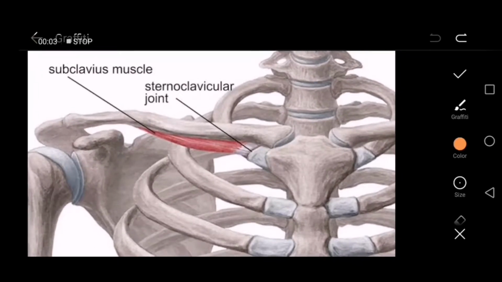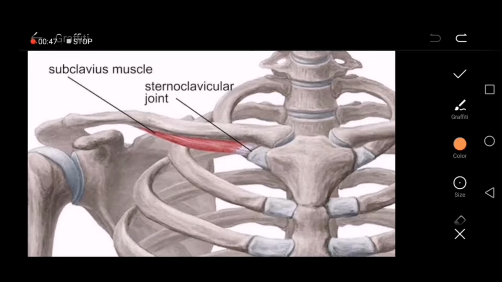As we said in the lecture before, you can see it in the picture over here. Its origin is at the first rib, at the junction of the first rib and its costal cartilage, and its insertion is at the middle third of the clavicle. When you divide the clavicle into three equal parts, it gets inserted on the inferior surface of the middle part, and as you can see, it is almost horizontal in the anatomical position.